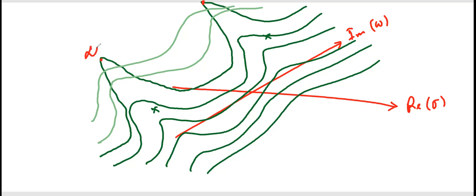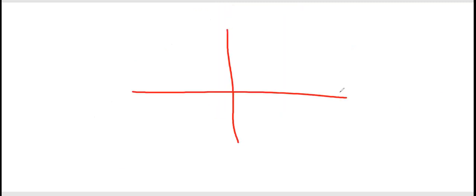That means you need a z-plane representation as well for the Laplace transform. We have the real and the imaginary axes, and we plot it like this: these are the poles, the imaginary poles, and this is a zero. We have made it two-dimensional, but actually it must be three-dimensional.